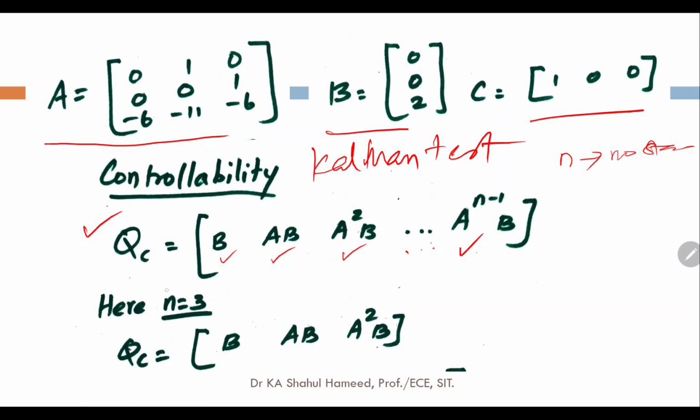Here we have 3 state variables x1, x2, x3, so n is equal to 3. So this composite matrix is reduced to B, AB, and A square B.